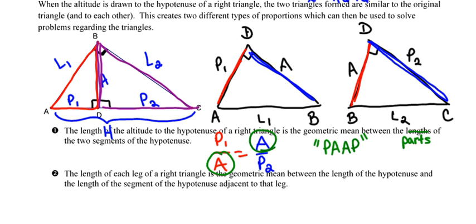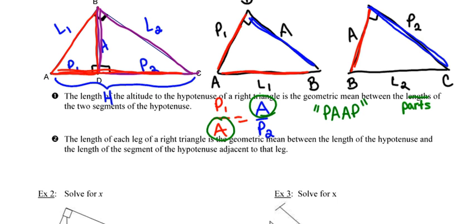What they're saying here is if we compare the length of the hypotenuse in the original triangle to the first leg, which we can do because they're corresponding parts of similar triangles, so hypotenuse compared to L1 is going to be equal to the ratio if we compare L1 to the first part. So again, pay close attention to the fact that the leg is the geometric mean. It's exactly the same in both proportions.